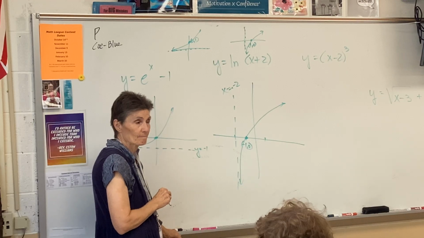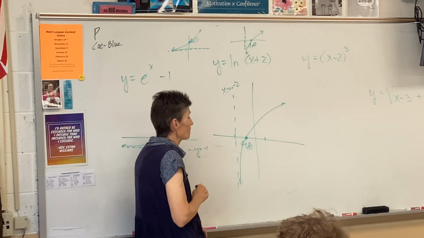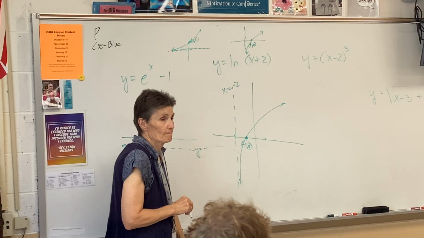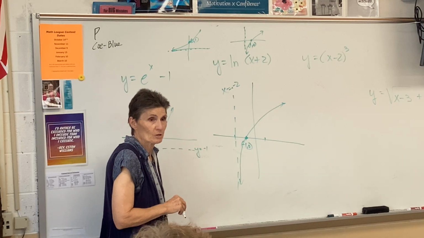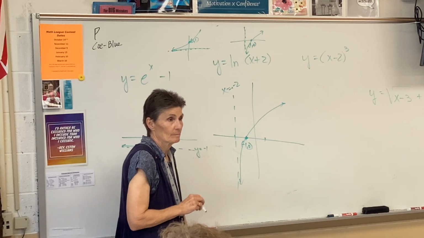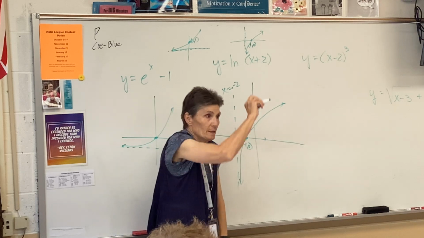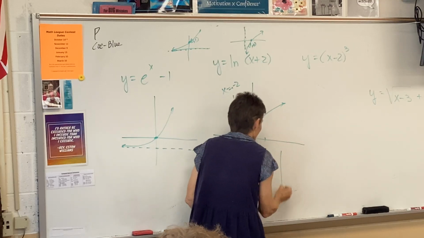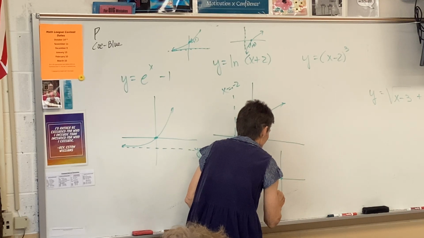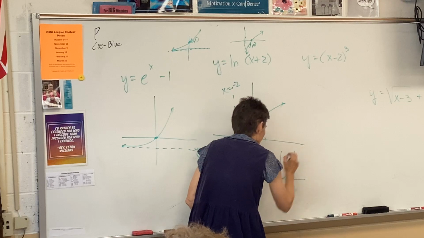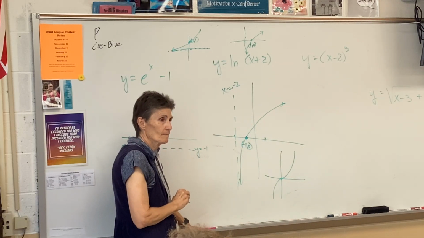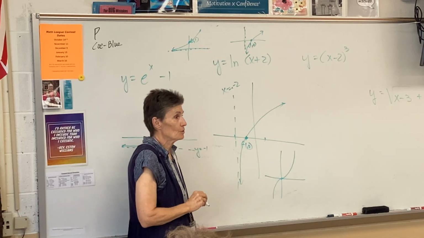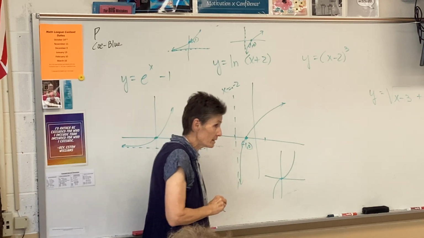Okay? What's that one? What's a cubing function look like? And the normal squiggle is from the origin. But what's happened here? 2 units, right?